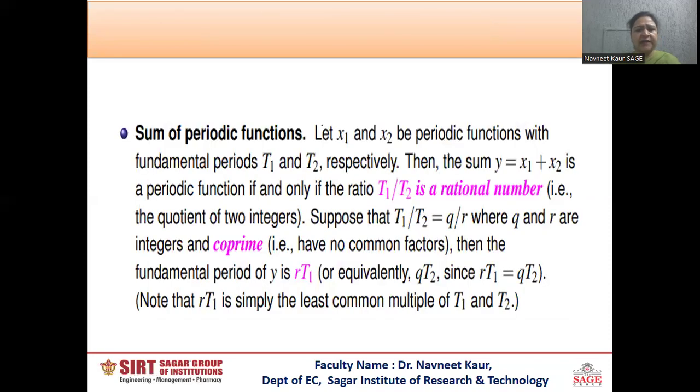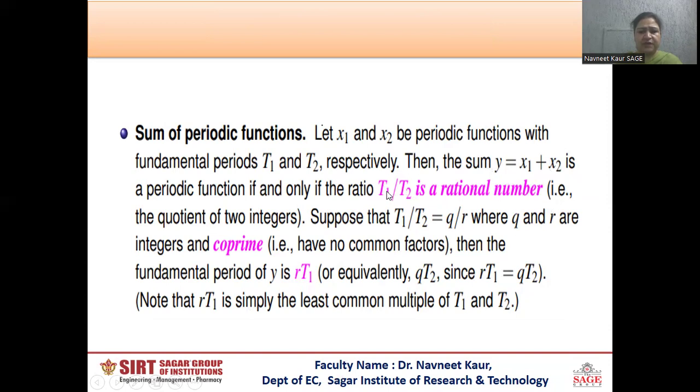Now, for any two signals x1 and x2, say I have a signal y, which is made up of the sum of x1 and x2, where x1 and x2 are both periodic with time periods T1 and T2. Now, this signal y will be periodic if and only if the ratio of their time periods T1 by T2 is a rational number.